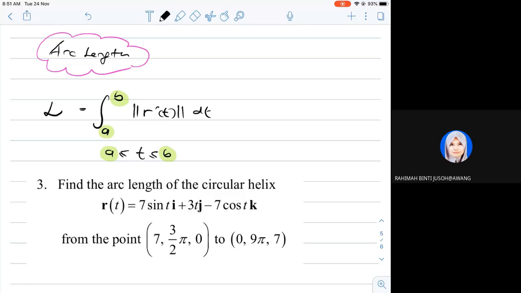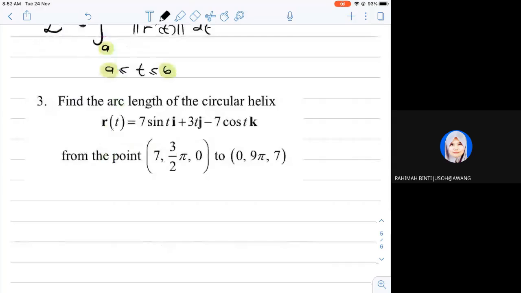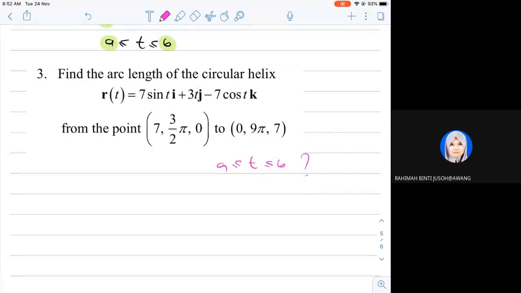We don't have the interval. We don't know the interval from a until b. So what you should do now is find the interval of t. I give you a tip: you can find t from the first, second, or third function, it's up to you.